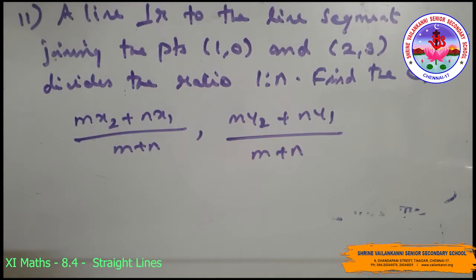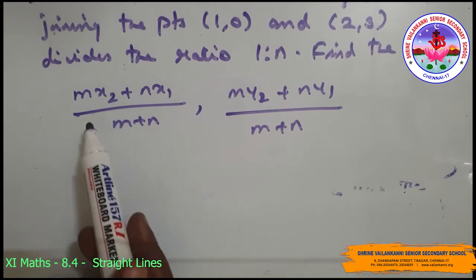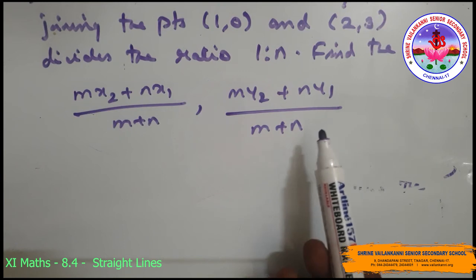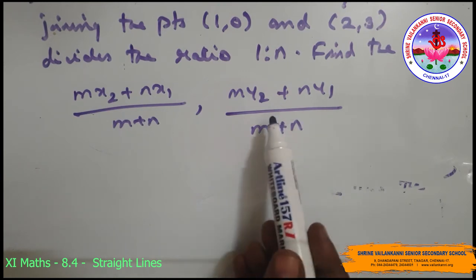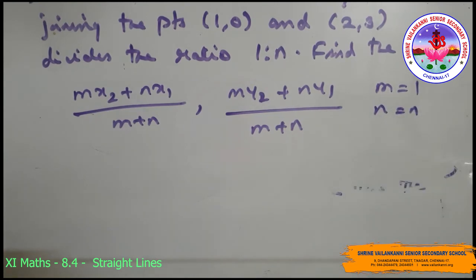11th question. A line perpendicular to the line segment joining the points (1, 0) and (2, 3) divides it in the ratio 1:n. Find the equation of the line. According to the section formula, the coordinates of the point that divides the line segment joining the points in the ratio m:n are (mx2 plus nx1) by (m plus n), (my2 plus ny1) by (m plus n). Here the ratio is 1:n, m is 1 and n is n.